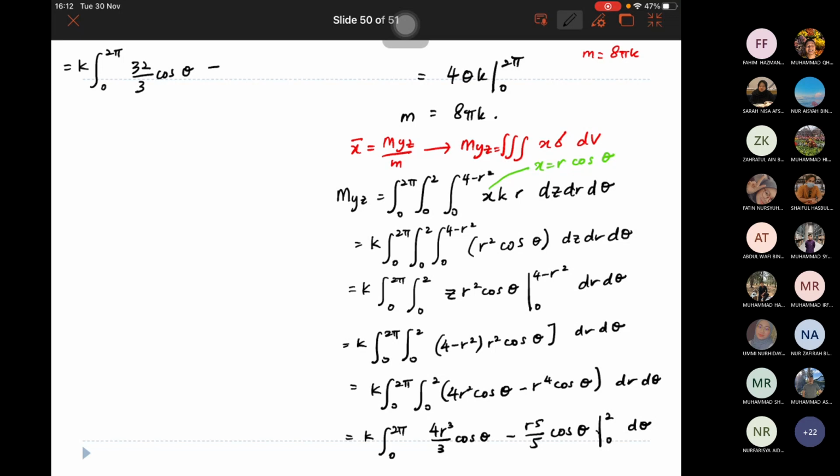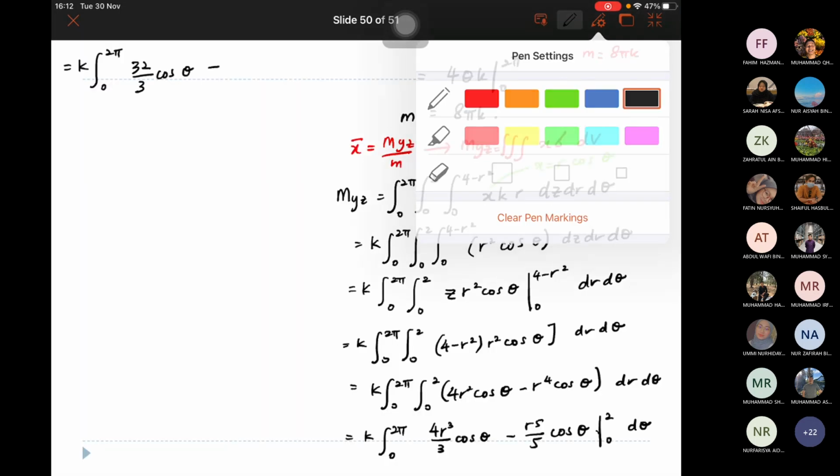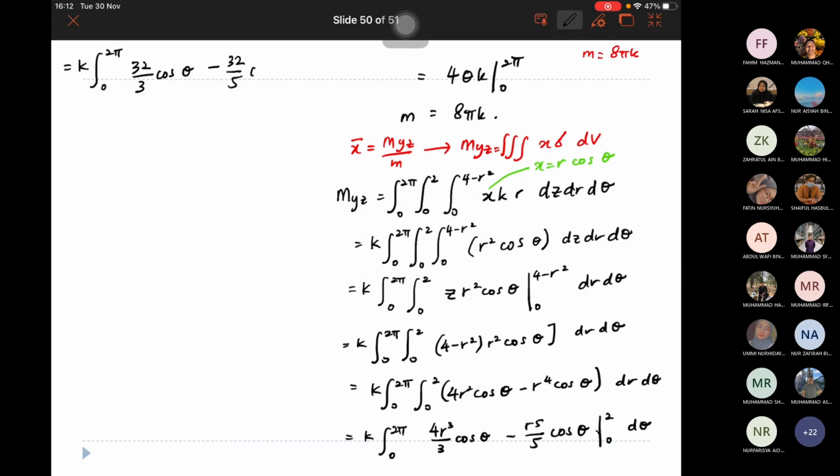Okay. 32 per 5 cos theta d theta. Okay. So 32 per 3 tolak 32 per 5 akan dapat sama dengan 64 per 15. Okay. K kosong sampai 2 pi, 64 per 15 cos theta d theta.